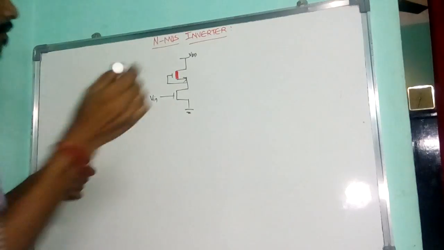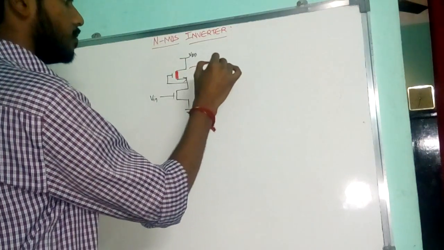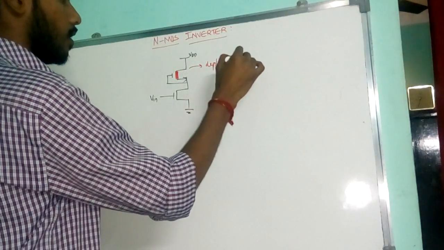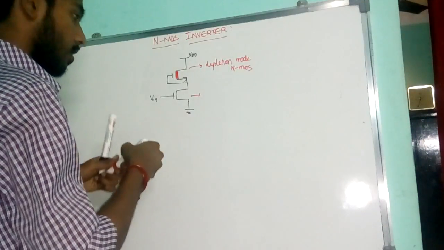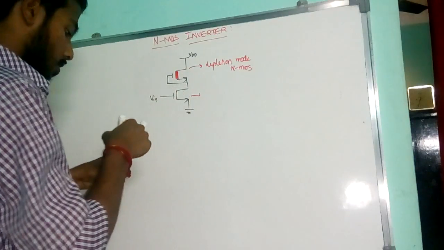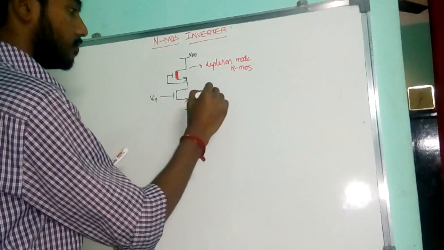This is my depletion mode NMOS, whereas this is an enhancement mode MOSFET.